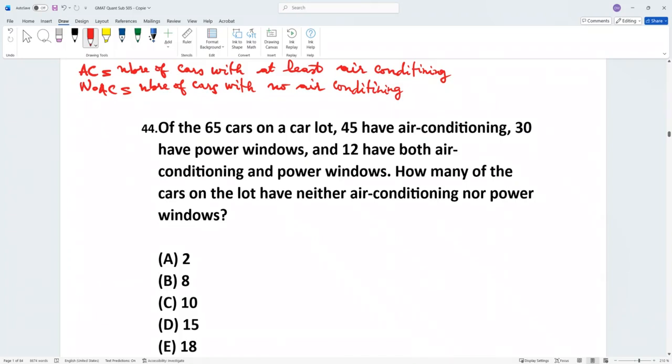It can have power windows, or it can have neither of both. That's it. And then we'll have, so here I will say with at least, okay, PW, I'm going to say this is the number of cars with at least power windows.